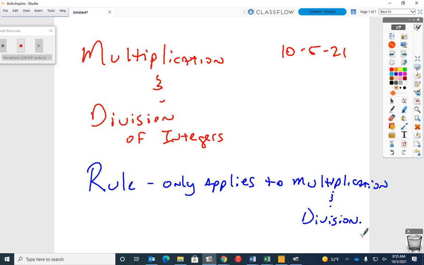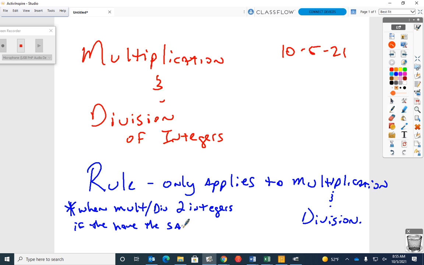All right. The rule: when multiplying or dividing, actually I'm just going to say two integers, because you're going to go in groups of two. When multiplying or dividing two integers, if they have the same signs, they always equal a positive number.